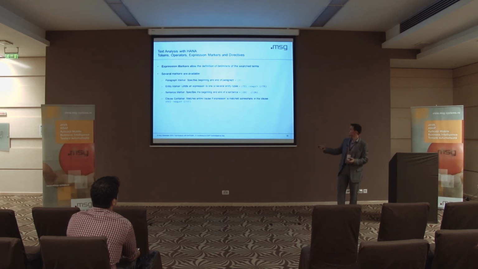And that's what these expression markers are made for. So here, for example, you have a sentence marker. You can also search the whole paragraph if you want to. You can also mark single entities or clauses. So you just have to put some limits on the search in order to make it reasonable, and that's possible.